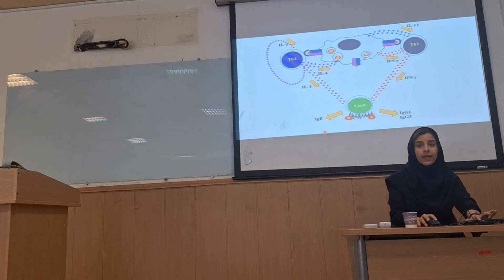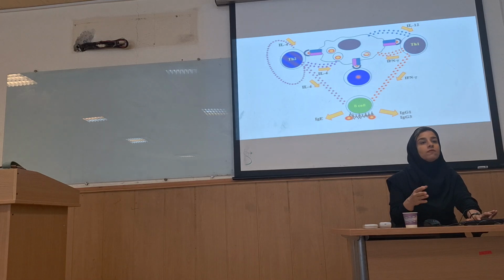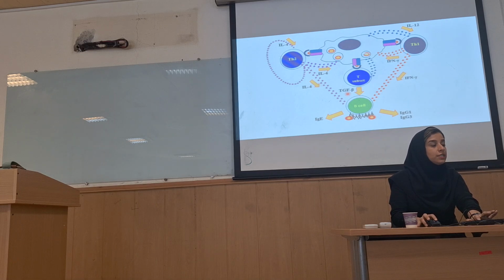And also, after presenting antigen by MHC to lymphocyte T cells, in the presence of some unknown cytokines, these cells are able to produce TGF-beta, and there is controversy about this subtype of T cells.